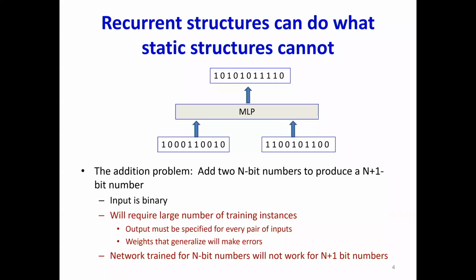Anyone? Ritian? Pardon me? The problem is to train a network to add two binary numbers. The way the network is set up, you're giving it both the numbers, and then it must produce the output.